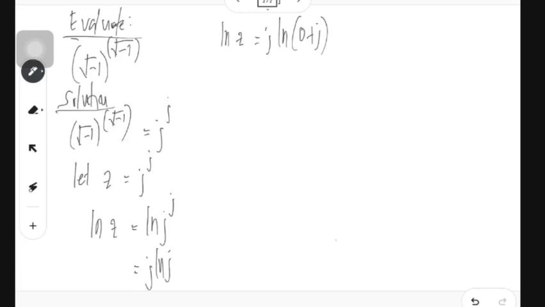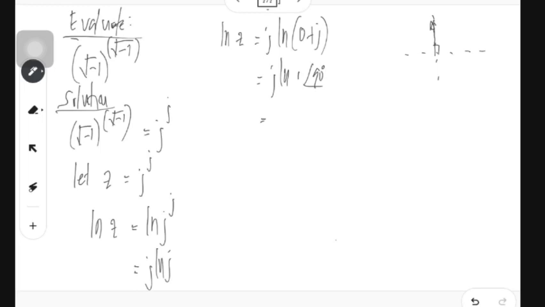Pagka pinlot natin yan sa Cartesian coordinate, wala kang real part eh. Meron ka lang imaginary part. Okay? Wherein the value is 1. Then the angle is 90 degrees. So, under the polar form, we have 1 angle of 90 degrees.